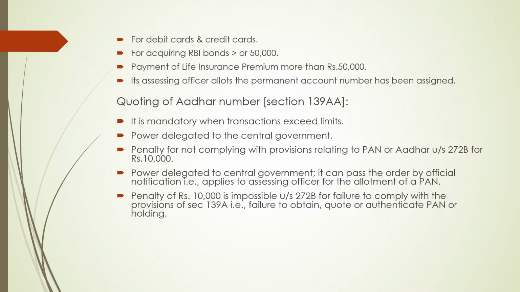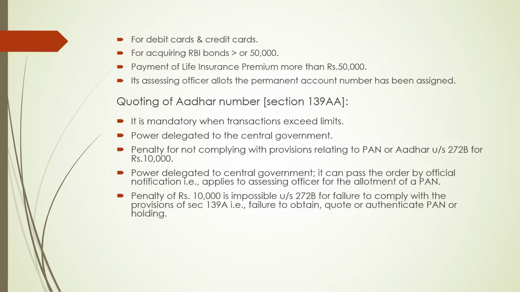Then power is delegated to the central government. It can pass the order by official notification. If the power is delegated to the central government, then it has the authority for allotment of PAN numbers. That means it can pass the order through official notification, and this applies to the assessing officer for the allotment of PAN.